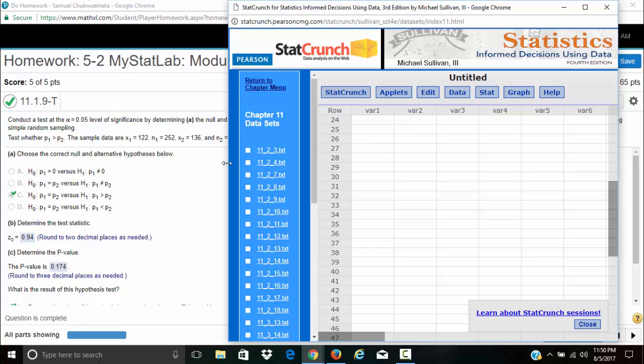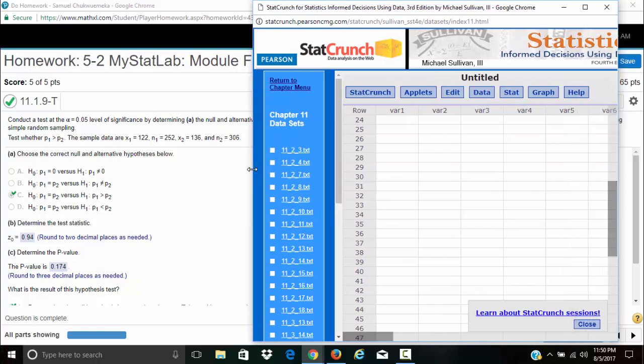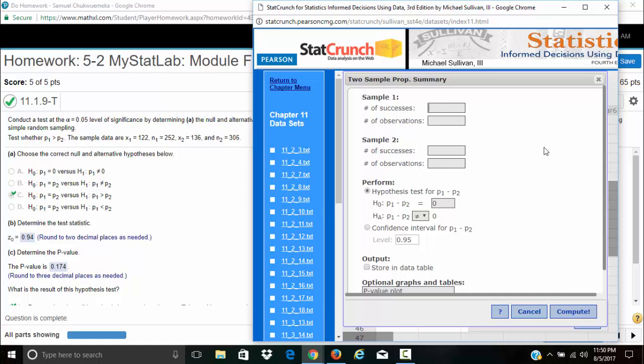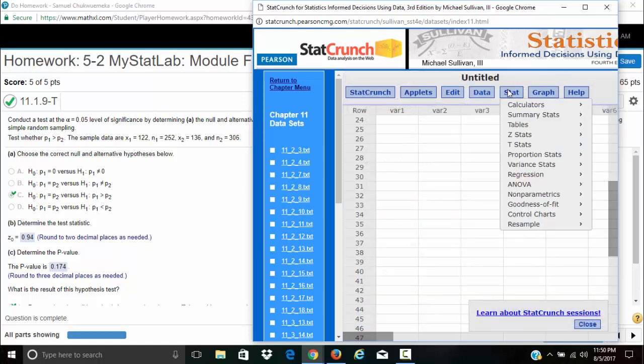So if you're doing this same question with StatCrunch, this is what you do. You go to Stat, Proportion Stats, Two Sample with Summary. Okay, let me show you again.